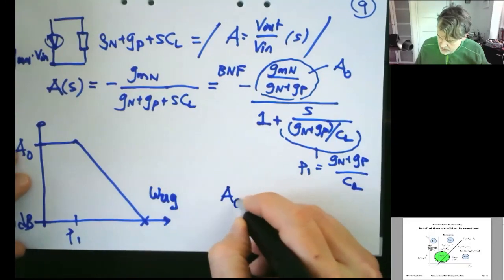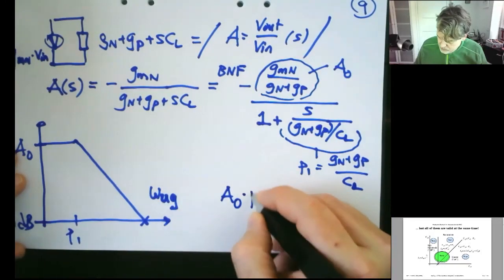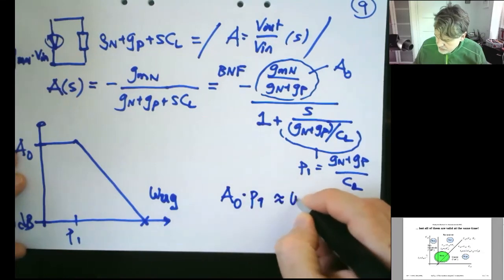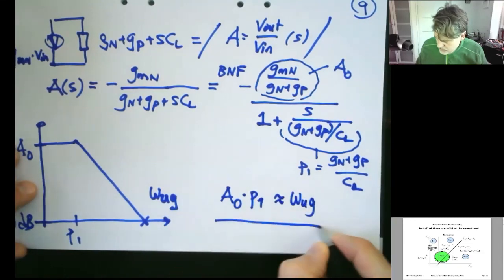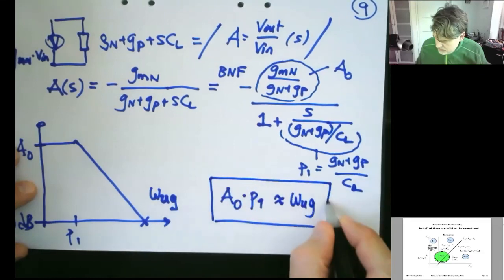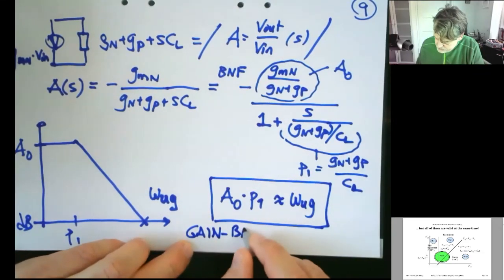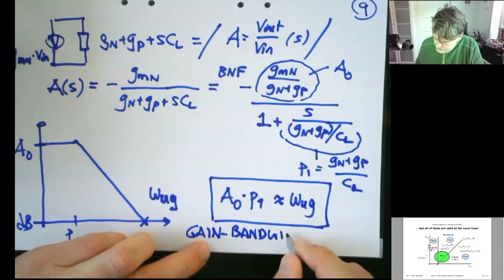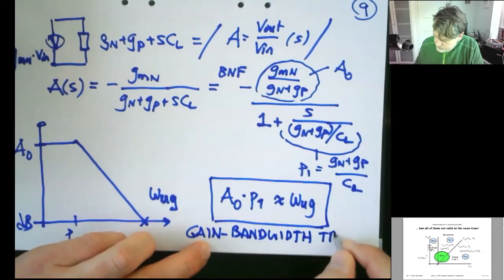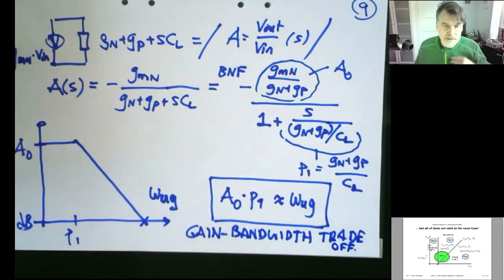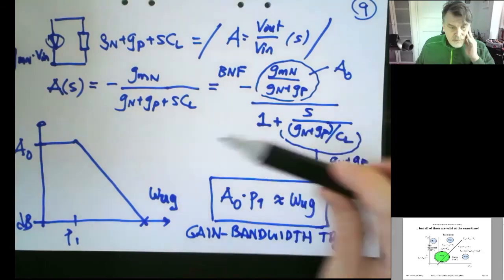One can show that A0 times P1 is approximately equal to omega ug. And this is what we call the gain bandwidth trade-off. Like that. Okay, we don't have more time today.